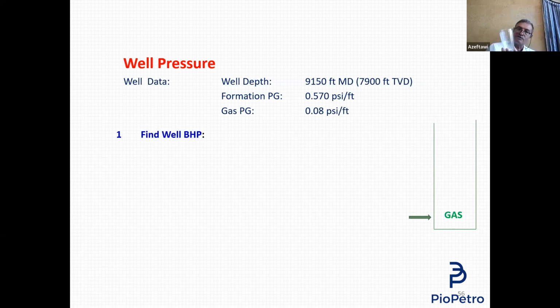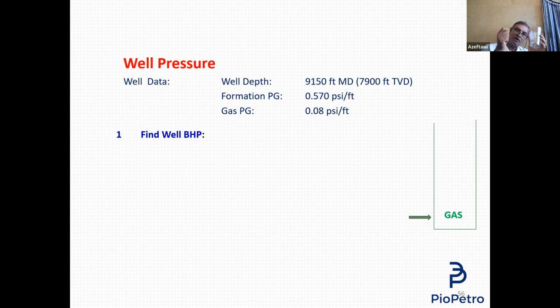But now, in this case, it is not just a closed system. We perforate this pipe. And now we have fluid filling this pipe, and we have a newcomer. We have fluid and pressure coming from the formation entering my pipe.